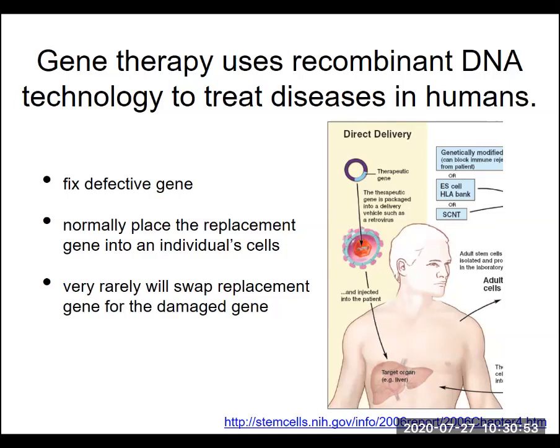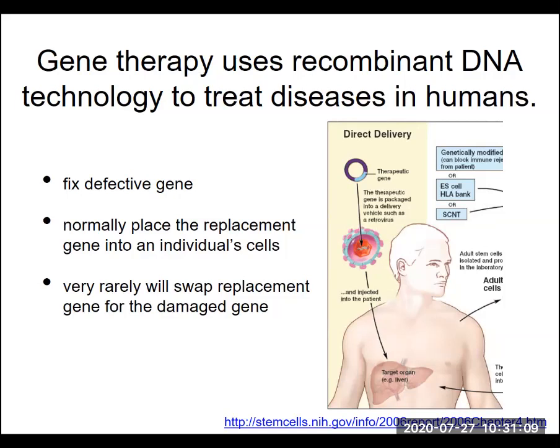Normally we're not going to go in and repair the damaged piece of DNA, the incorrect piece of DNA. We're not going to remove the damaged part and put in the correct part.